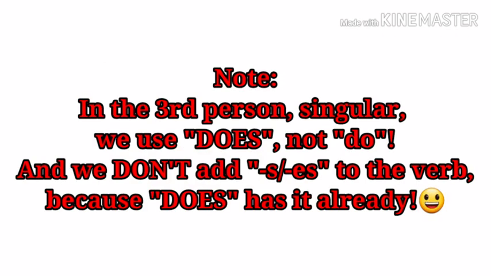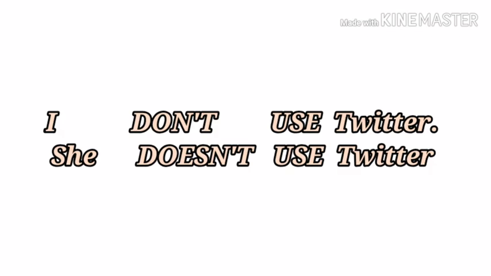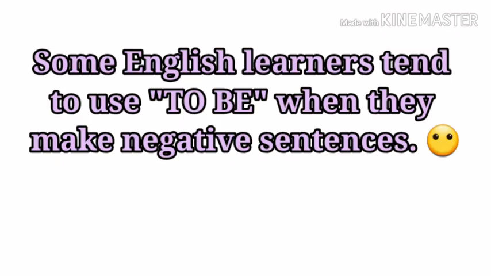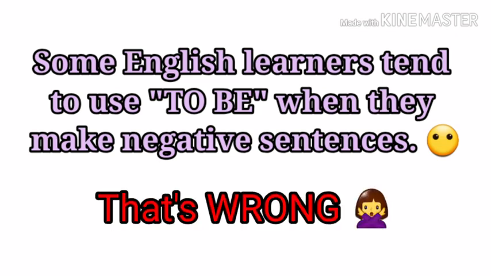And note, in the third person singular we use does, not do, and we don't add s or es to the verb because does has it already. So look, I don't use Twitter, she doesn't use Twitter. And some English learners tend to use to be when they make negative sentences, and that's wrong.